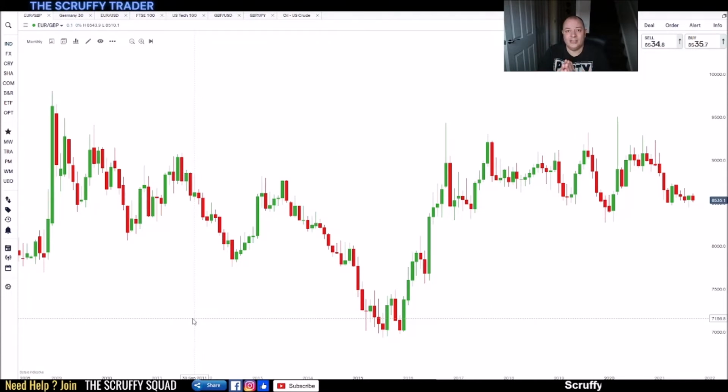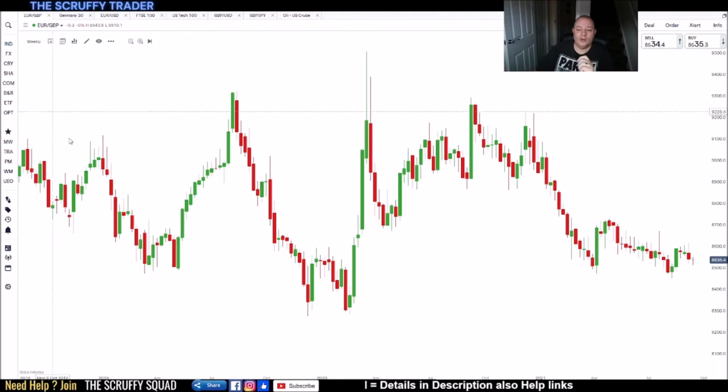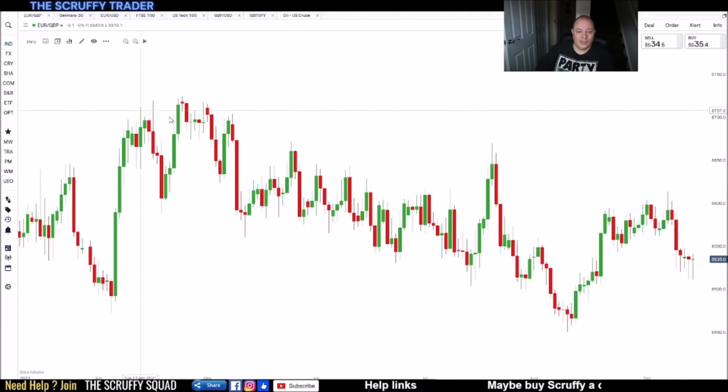The difference is the time, because each candlestick represents the time frame's single item. In other words, each candlestick represents 1 month. If I drop it down to weekly, it looks exactly the same, but each candlestick is a week. Same with the daily. Each candlestick is a day, and so forth. Very, very simple.